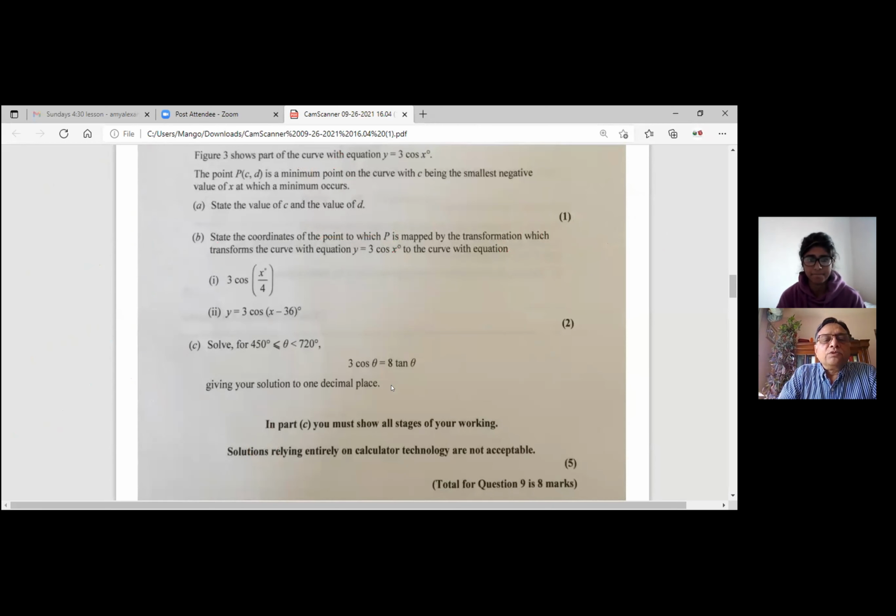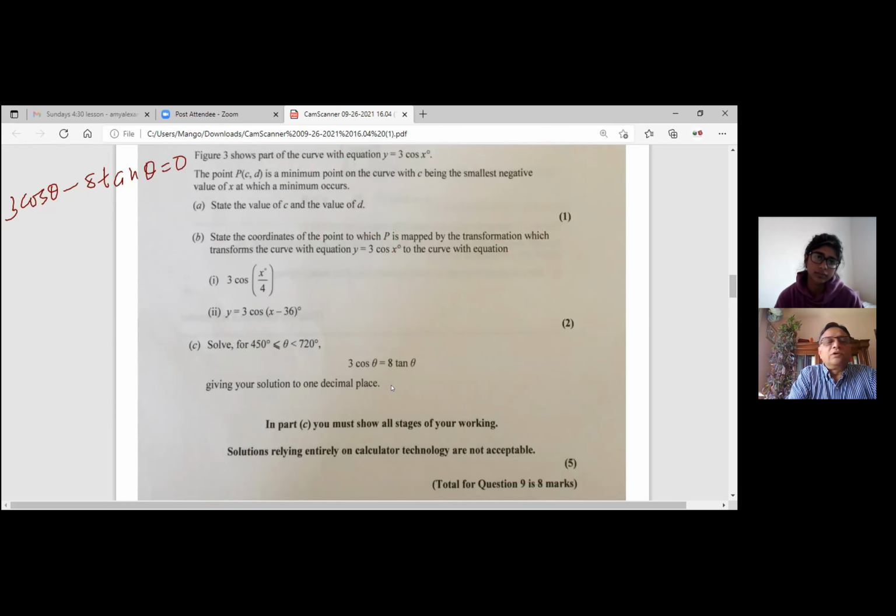So theta is between 450 and 720. So you have an equation. We can bring all the terms together to one side and then solve it, correct? Right. So 3 cos theta minus 8 tan theta equals 0, correct? So we get our equation.